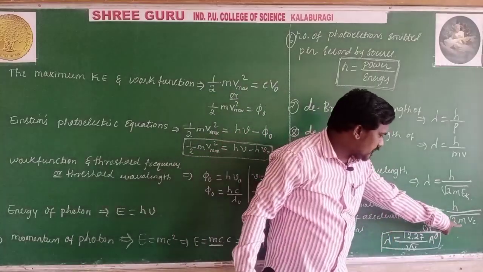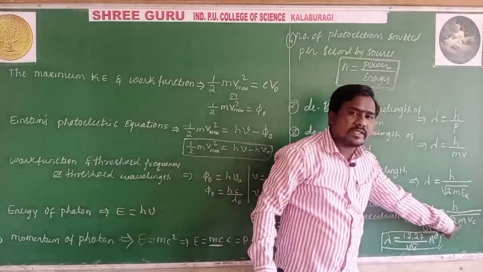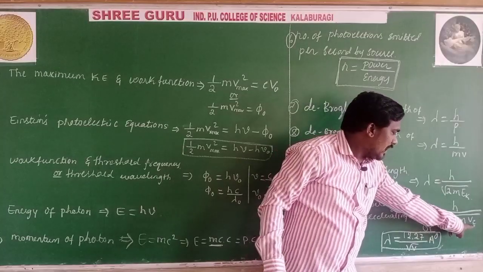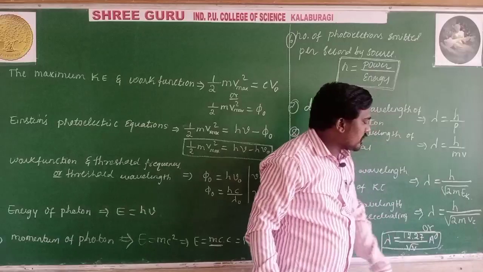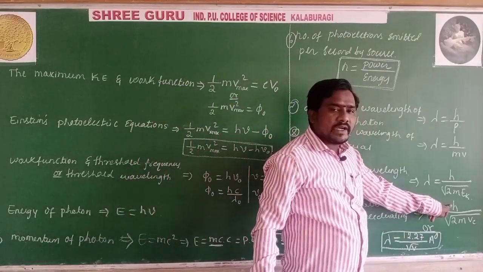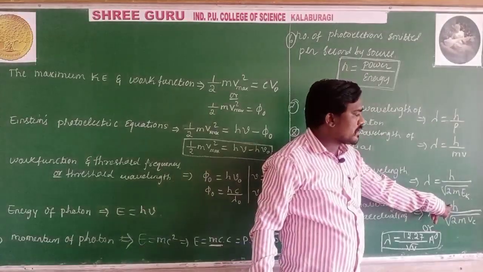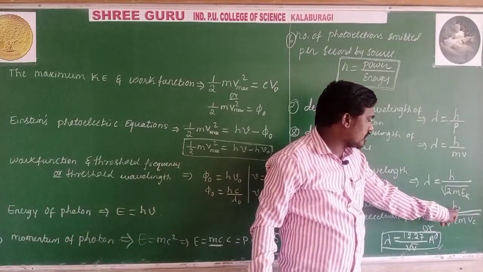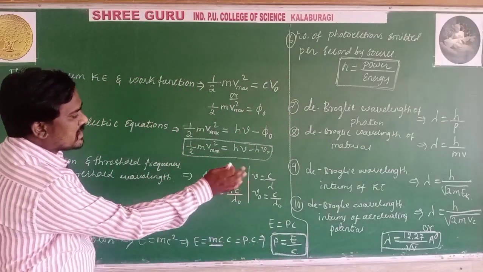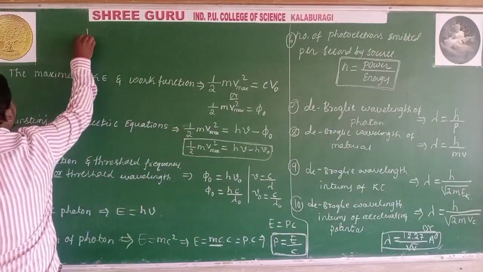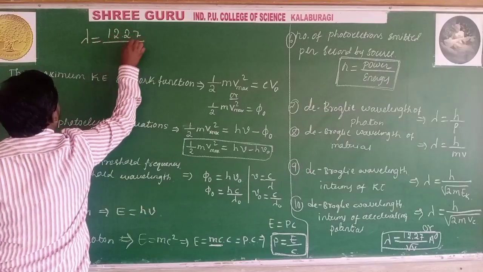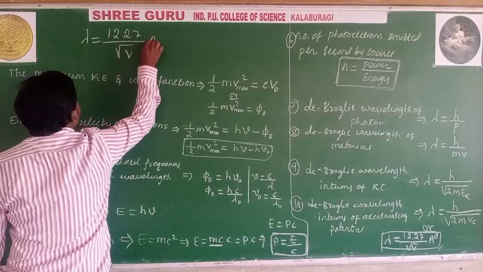Just substitute the mass of the electron, 9.1 into 10 raised to minus 31 kg, the charge of an electron, 1.6 into 10 raised to minus 19 coulomb, and h, Planck's constant, 6.625 into 10 raised to minus 34 joule second. Just substitute those values, and ultimately we get the expression lambda equal to 12.27 by under root of V angstrom.